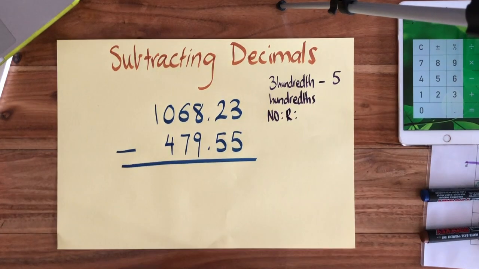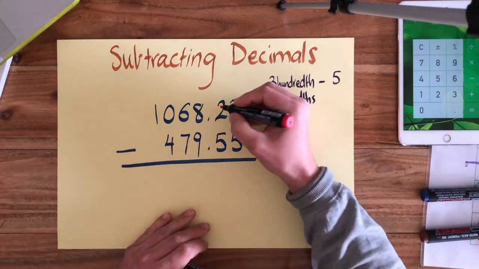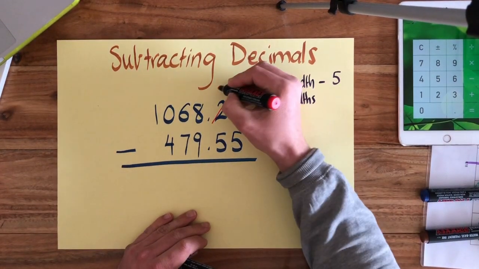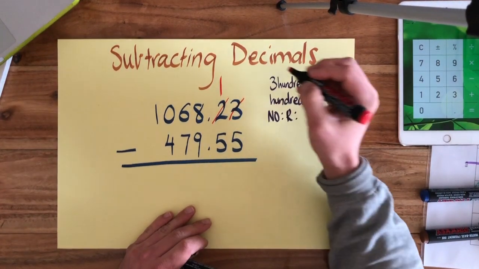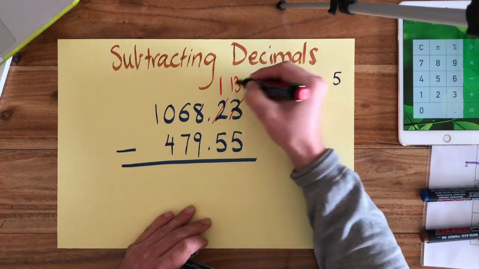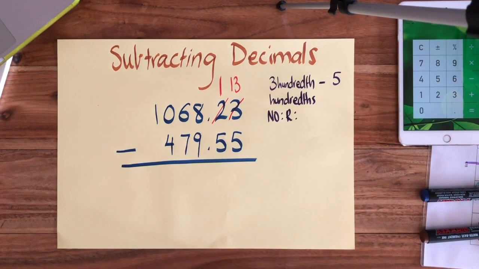I need to rename. I rename one tenth. So I'm going to cross one of my tenths out. I have one tenth left, and I rename that as hundredths. So I'll have 13 hundredths. Remember, one tenth makes 10 hundredths.